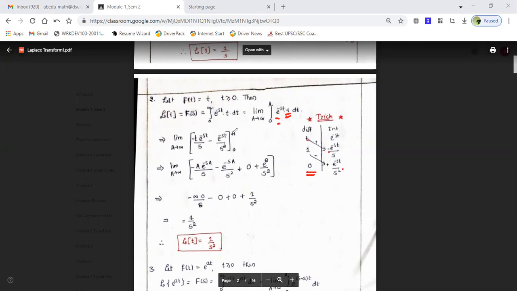I'm doing that and applying the limit 0 to a, and then taking the limit as a tends to infinity, and I'm getting the answer. Just check how I did it. I'm going to explain this example again in the next class, but till then you have to go through each and every step I have solved, and you have to give it a try.